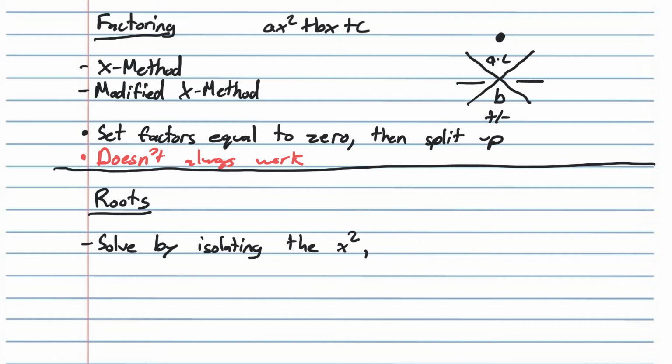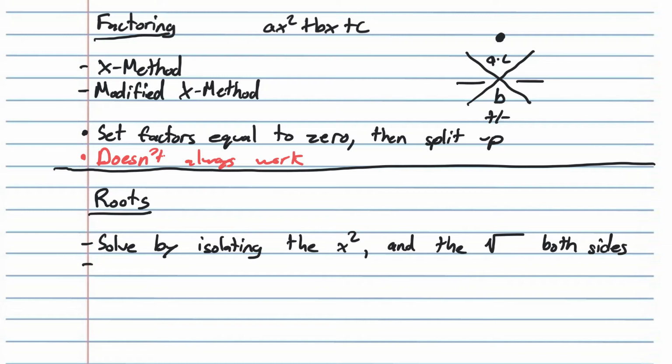So solve by isolating the x squared, and then square root both sides, okay? And again, we do get two answers, right? Because whenever you square root something, be careful. You have to account for two possibilities, okay?